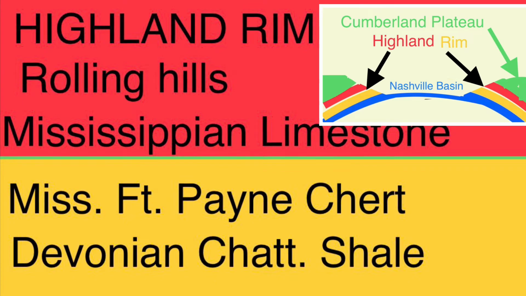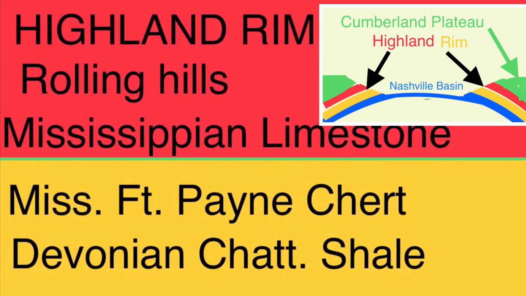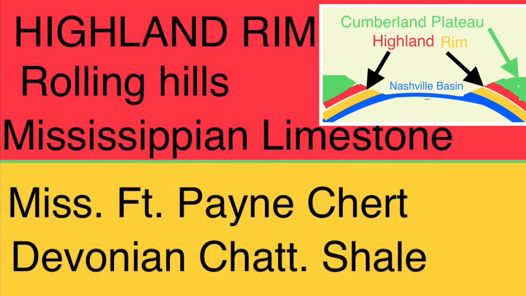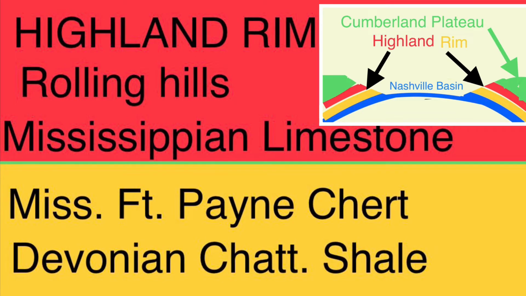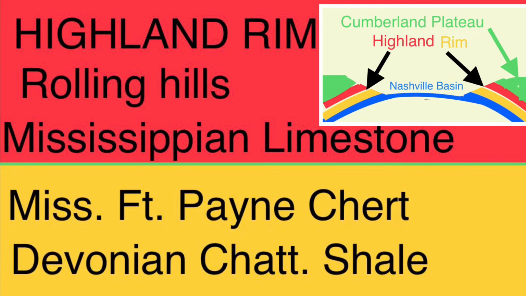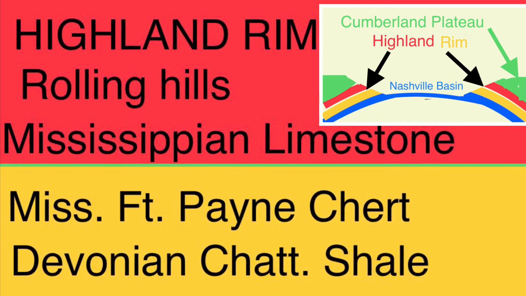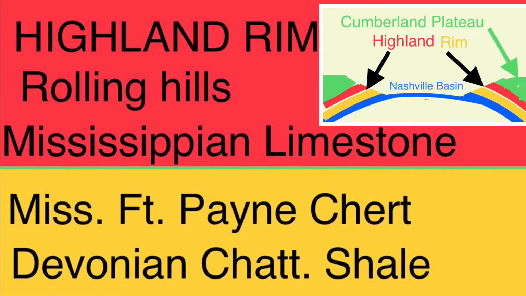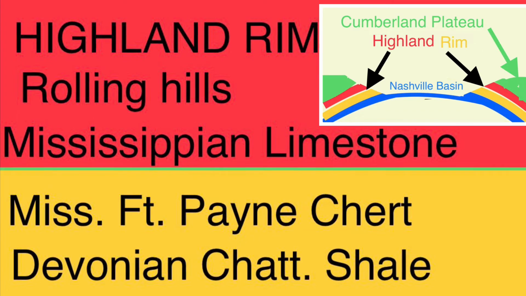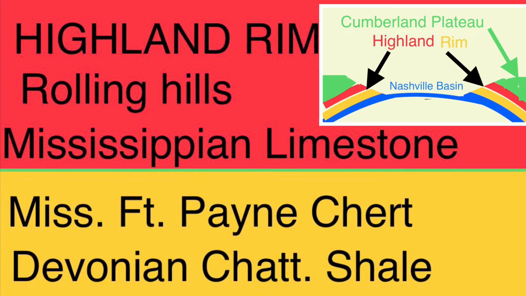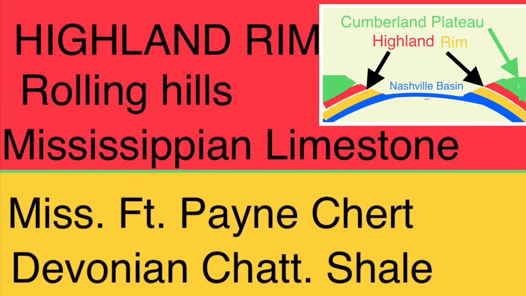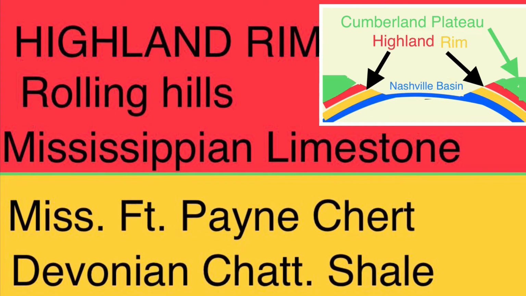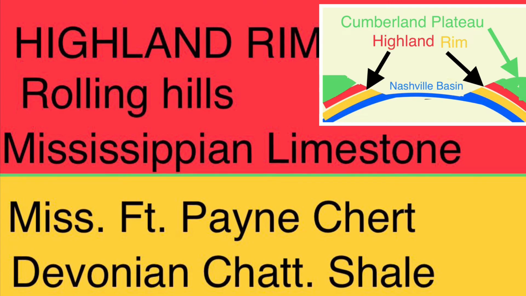The rolling hills of the Highland Rim, which roughly surrounds the Nashville Basin and is represented by the yellow and red colors on the picture, are younger than the rocks of the Nashville Basin. This Highland Rim is made of Mississippian limestone on top of Fort Payne Chert, on top of Chattanooga Shale, and all these deposits were part of the Alleghenian orogeny foreland basin.